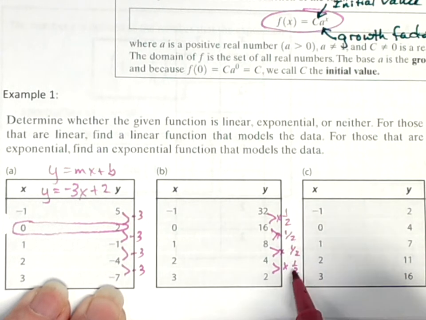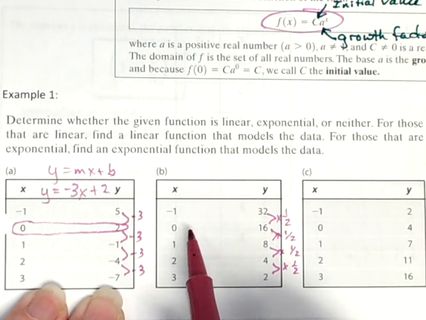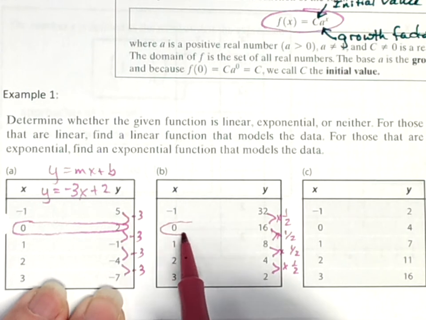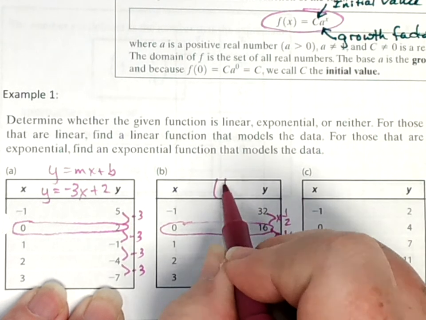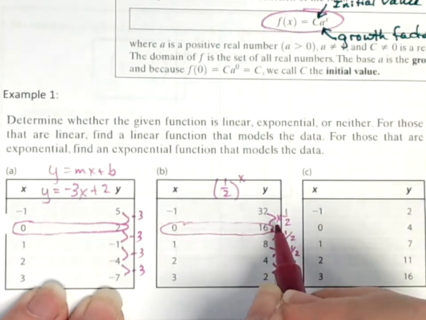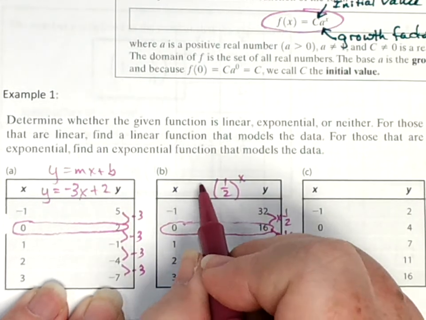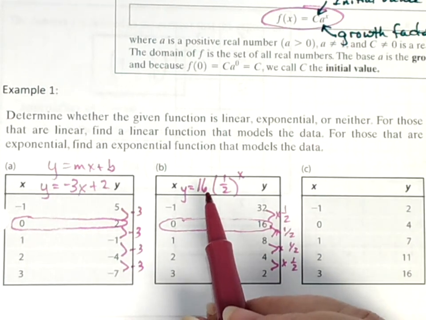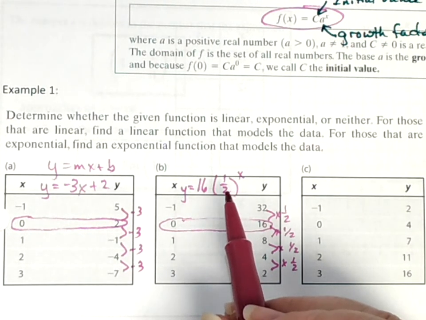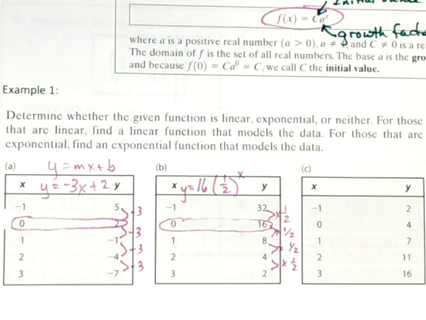Our growth factor, our growth multiplier is 1/2. Where do we find our initial value? Right there. So this has a constant growth factor, meaning that we're multiplying by 1/2 to the x power, and it has an initial value of 16. So our equation for this problem is y equals 16 times 1/2 to the x power.